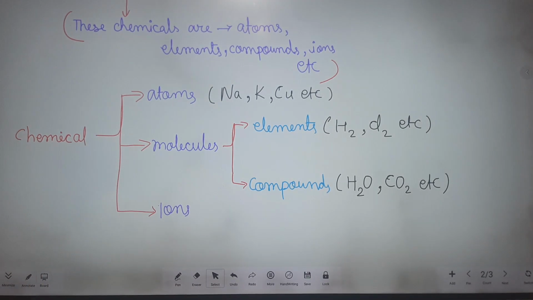And ions, there are two types of ion. We know that the first one is the positive charge ion, which is known as cation, and the negative charge ion is called anion. Okay.